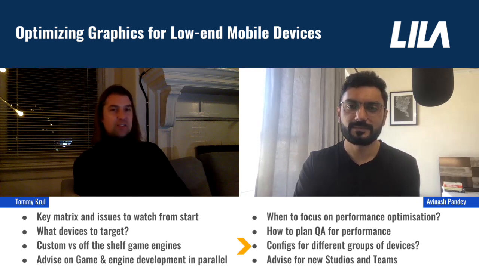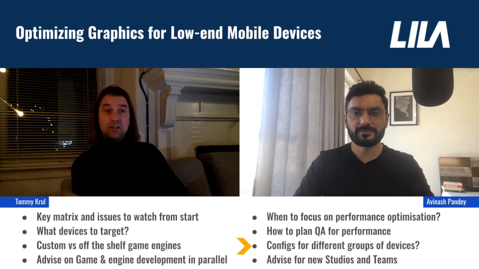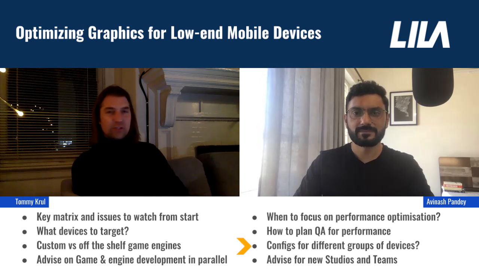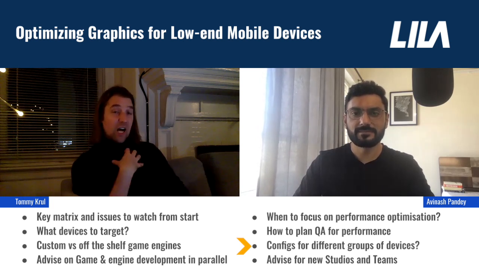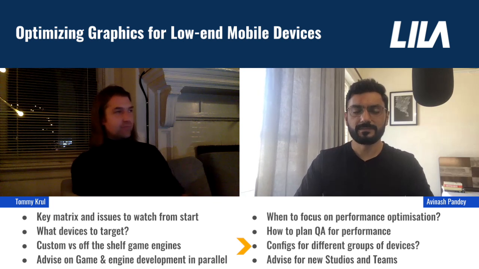I definitely don't think that this is the gold standard of performance, because coming back to what we discussed earlier, especially on Android, it is incredibly hard to bucket different devices. So most studios, including us, we end up bucketing by GPU or by GPU and CPU combination.